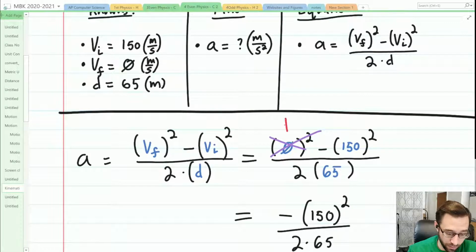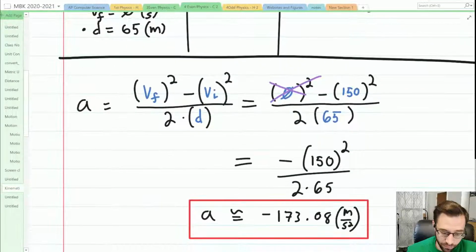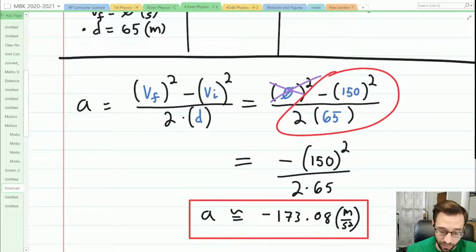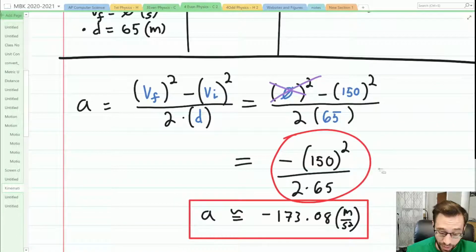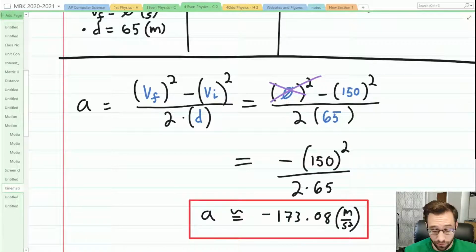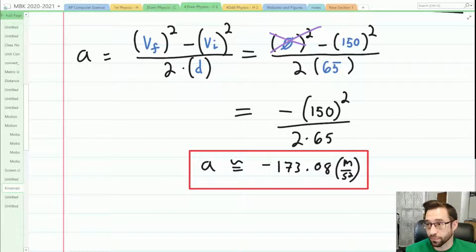So I plugged them in here, here, and then there. Cool. And then after that, I kind of simplified my problem because 0 squared is just 0. So then all I would have left is this part right here. So negative 150 squared divided by 2 times 65. So that's what I've got here. And then all I did was I put that in the calculator. And then this is the value that I got.